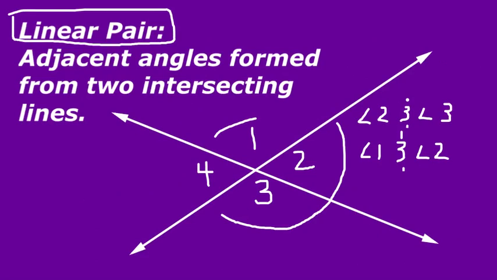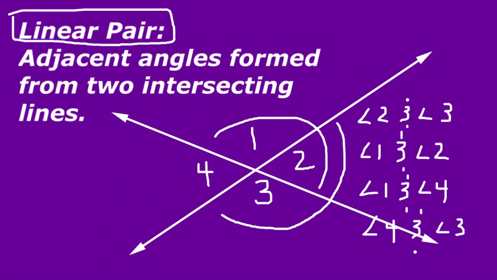Again, same thing. Add them together, they make a nice 100 degree angle. Angle 1 and angle 4. And angle 4 and angle 3. And again, any two in these intersecting lines here will add together to make 180 degrees.